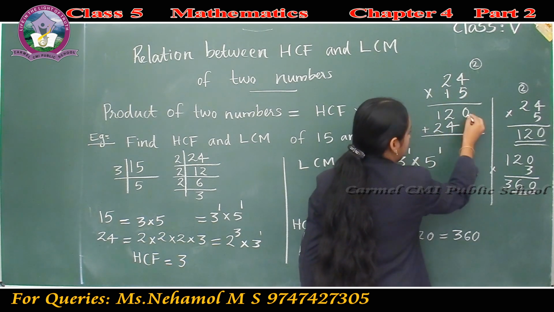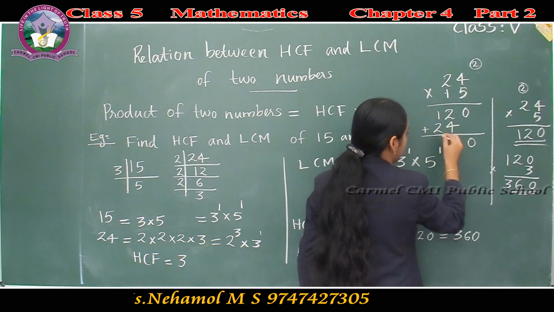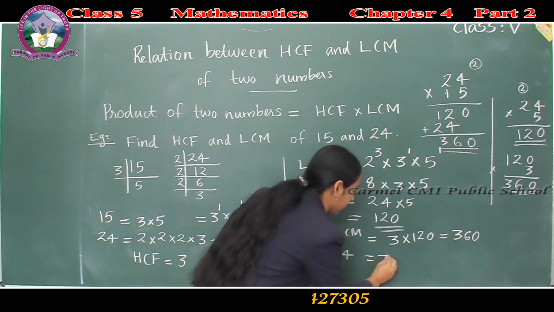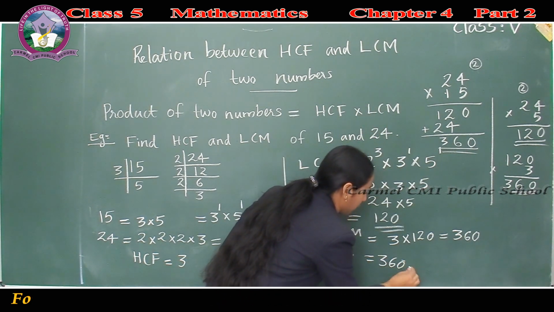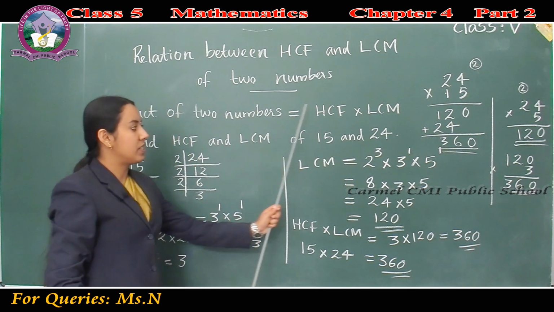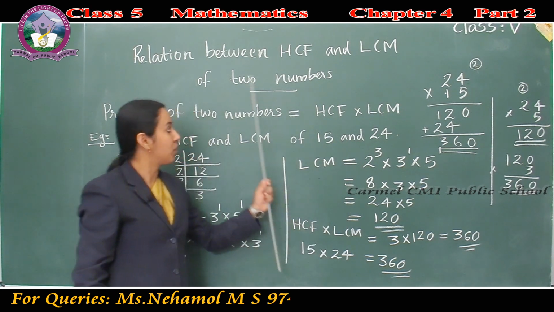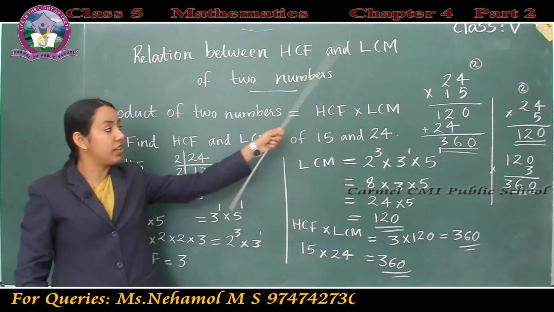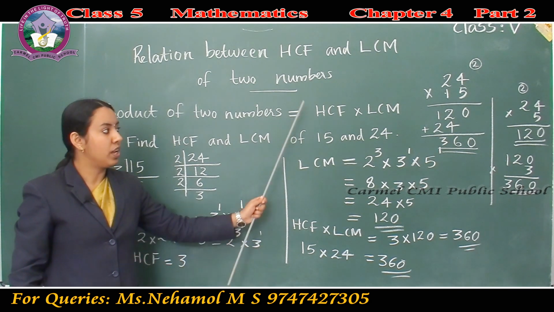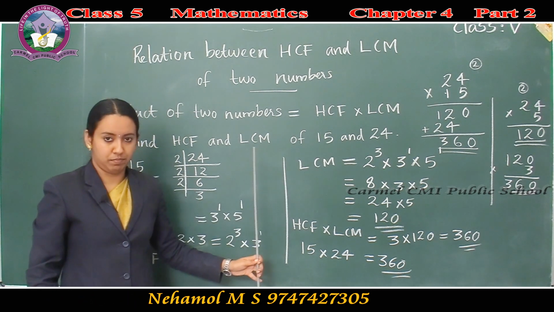Adding 0, 2 plus 4 is 6, and 2 plus 1 is 3. So 360. So we proved this one. Product of two numbers is equal to HCF into LCM. What is the relation between HCF and LCM? Product of two numbers is equal to HCF into LCM.